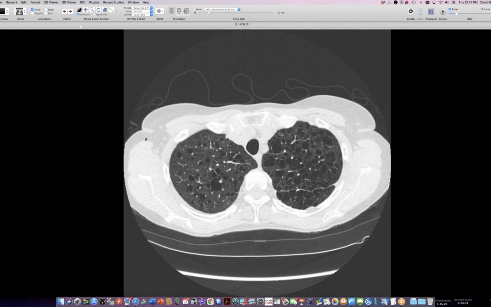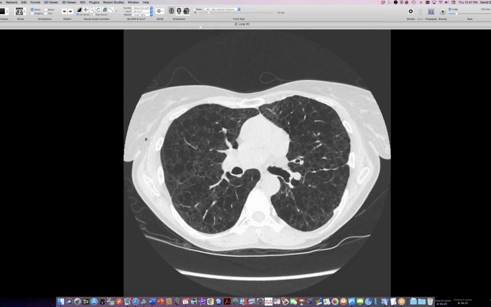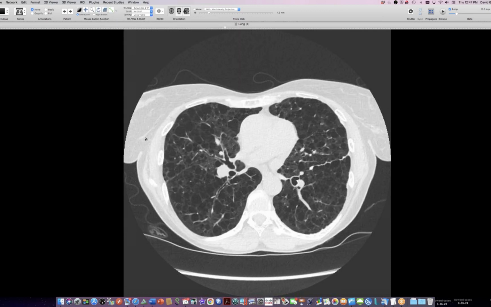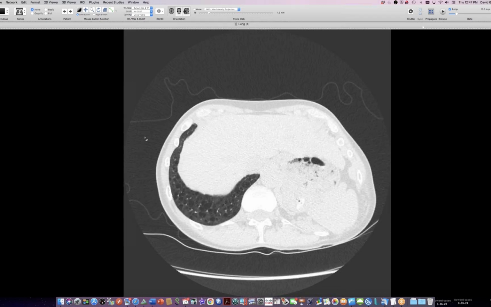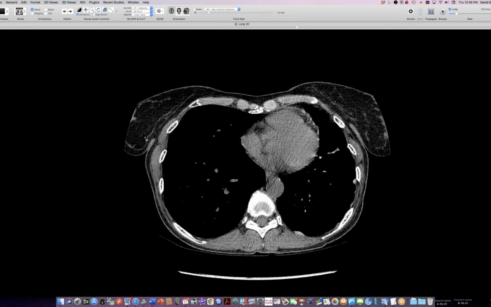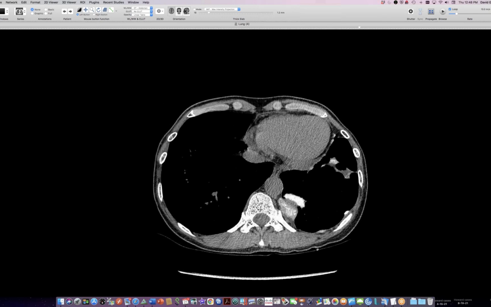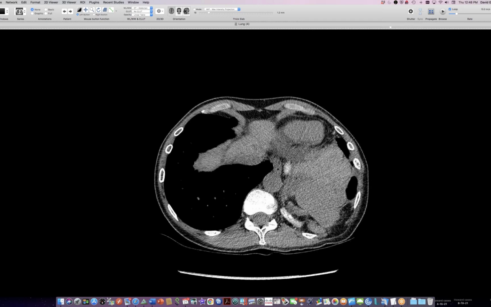She's got thin-walled, very regular, very clean-looking cysts throughout the lungs, going all the way down to the bottom. Unlike Langerhans cell histiocytosis, she has pleural thickening with deposits of talc here from her talc pleurodesis. Big blob of talc back there and pleural thickening.